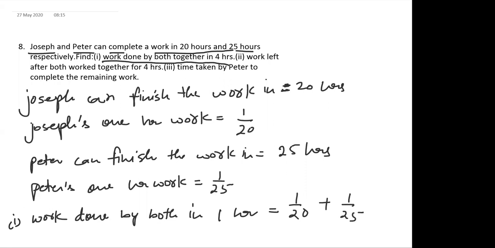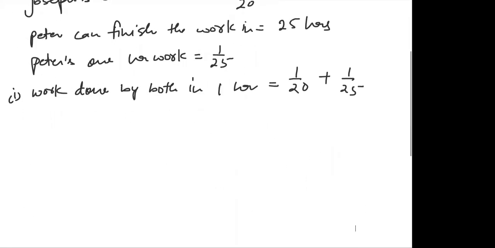Now solve it and tell me the answer. 1/20 plus 1/25. What is the LCM of 20 and 25? 100. So 25 fives and 25 fours, so 9/100. So 9/100 is the work done by both in 1 hour.